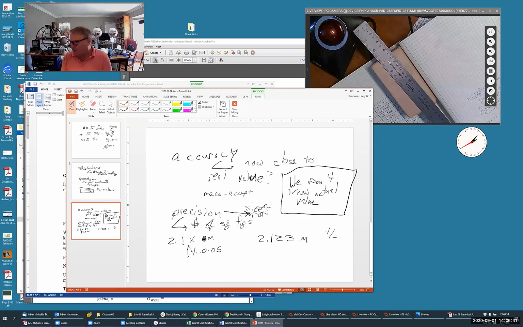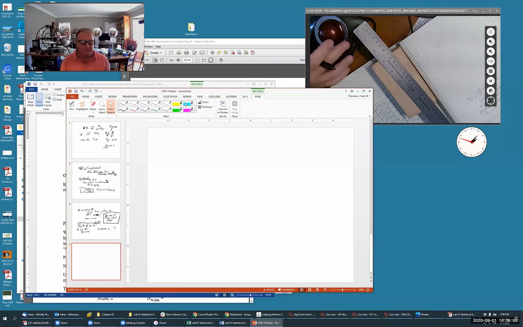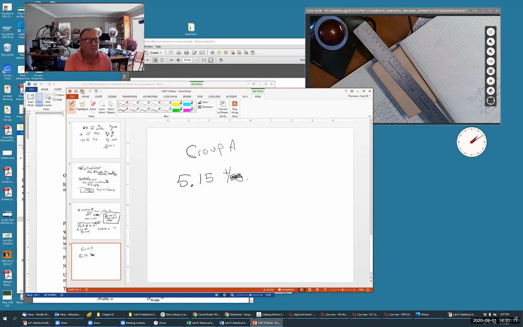Because if you want to claim, let's say that somebody in the past, group A, has said that they've measured some quantity that's 5.15 plus or minus 0.05.